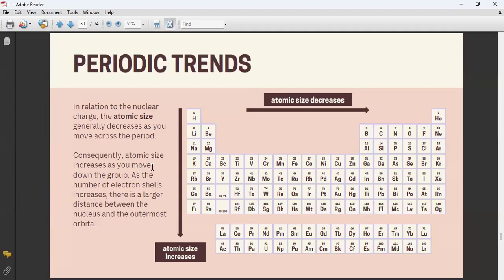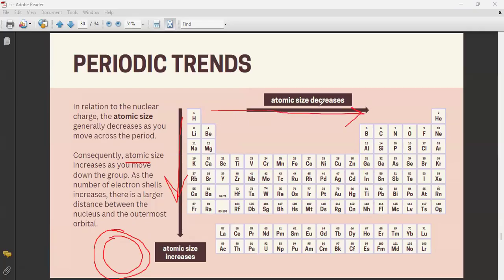Okay, we have already seen that since the electronic shells kept on increasing, the effective nuclear charge was decreasing, but the size is increasing. So as you move down the group, the atomic size will increase, but as you move across the period, the atomic size decreases.